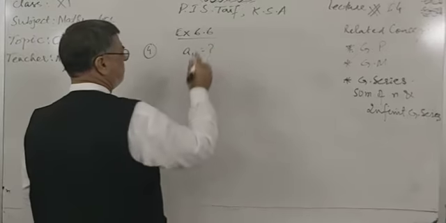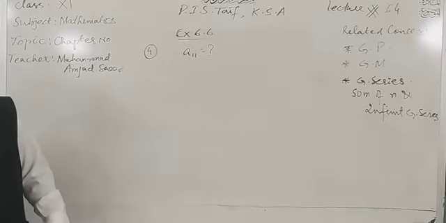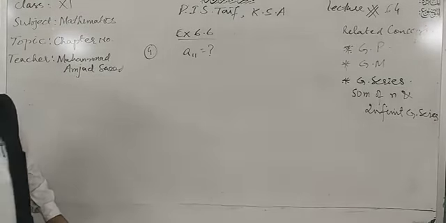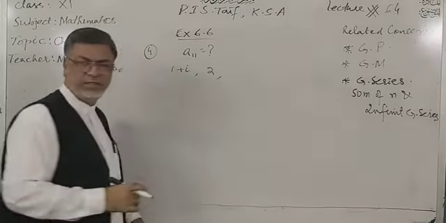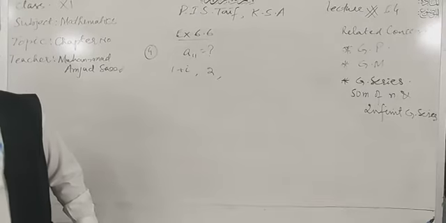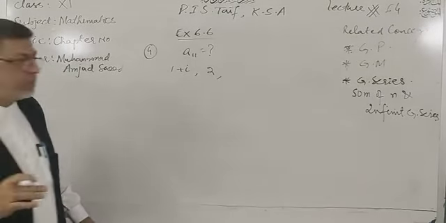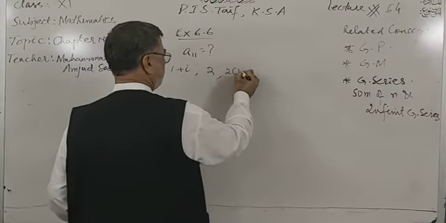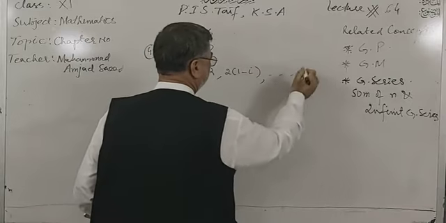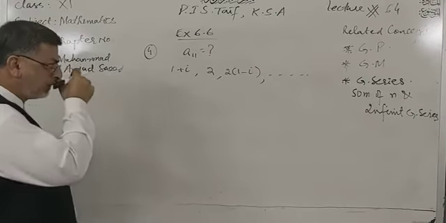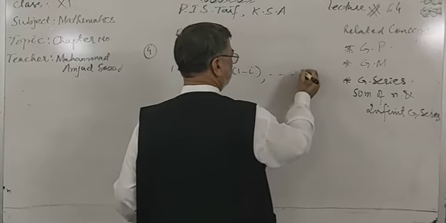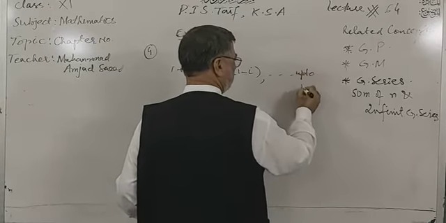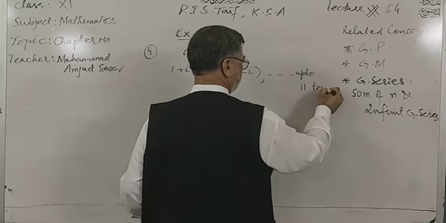Find the 11th term of the sequence 1 plus iota, 2, and 2 into 1 minus iota, and so on. You can have up to the 11th term.